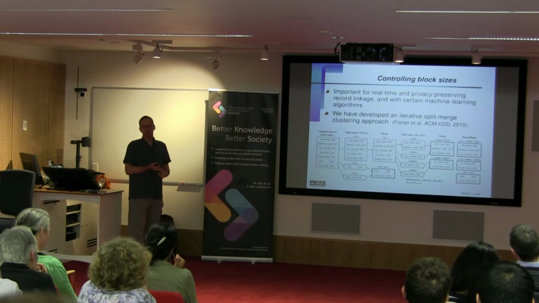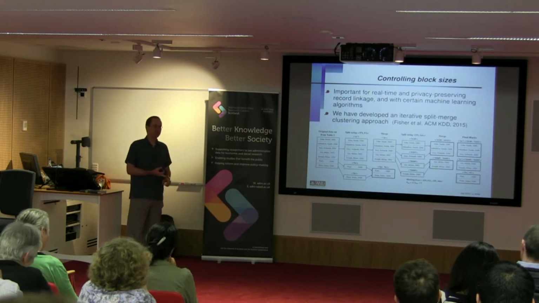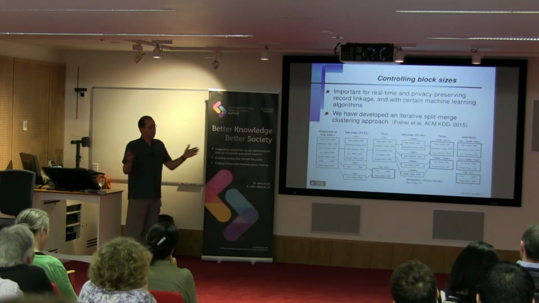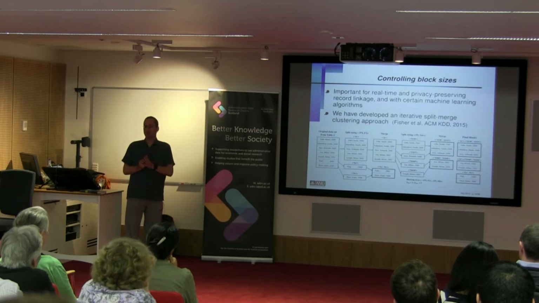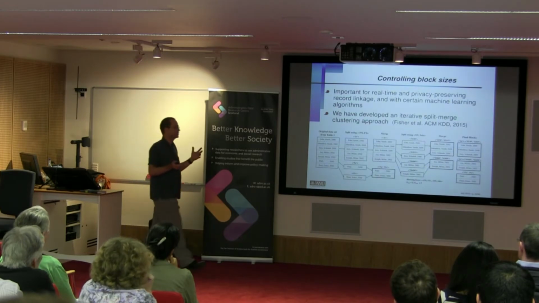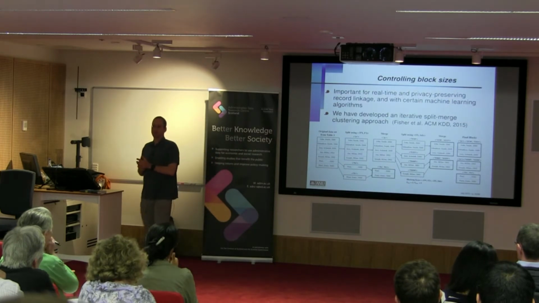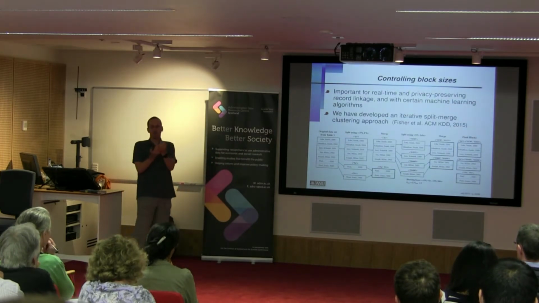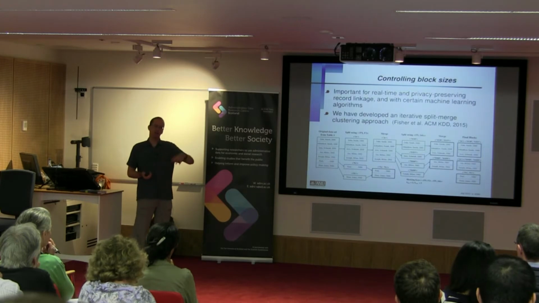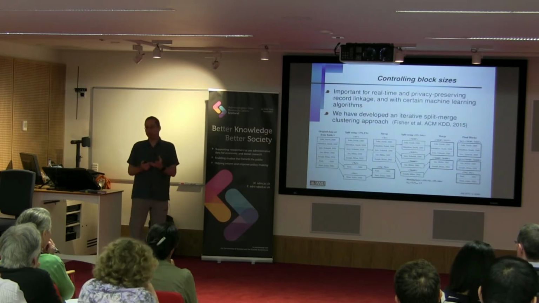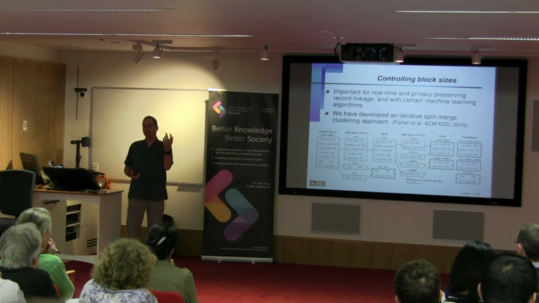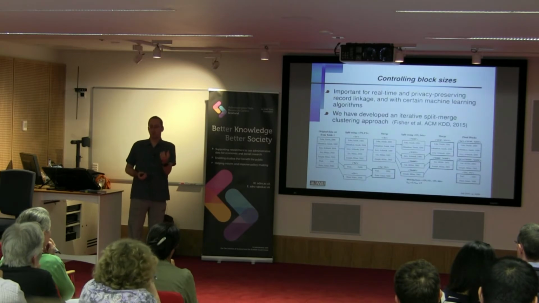In privacy-preserving record linkage, which I talked about in the last hour, the size of block is also very important, because the block size reveals information about records. If I have a very rare name and I apply blocking in a privacy-preserving framework, then I get inserted into a very small block.